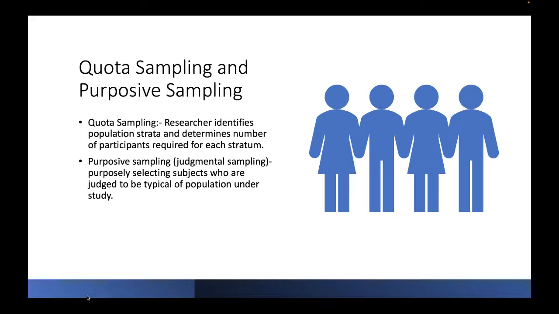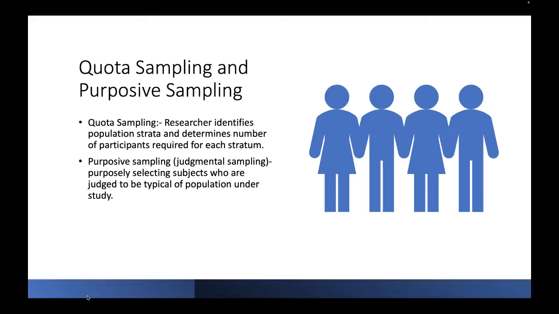But I'm not going to separate them according to how they are represented. I will just have some who are women, some who are men, some who are young, some who are old, without really ever thinking, hey, does my source population have this type of representation? So quota sampling is a non-mathematical version of stratified sampling.